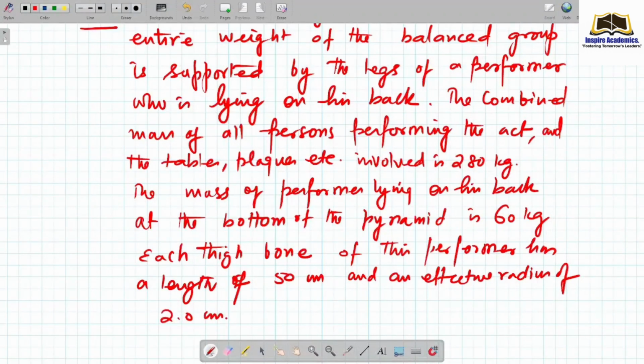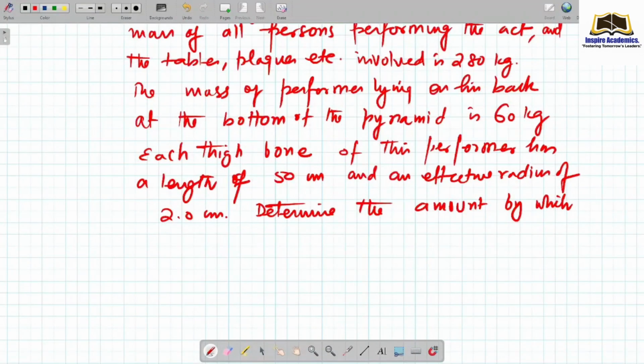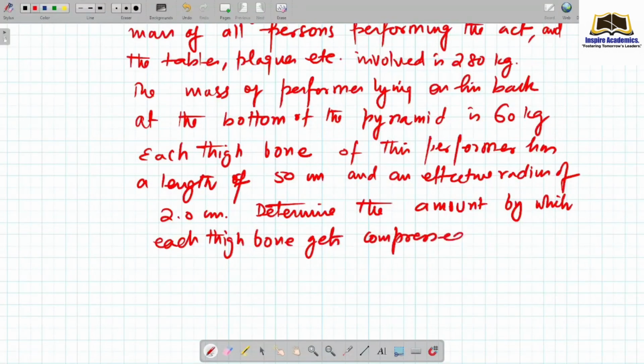Okay. Determine the amount by which each thigh bone gets compressed under the extra load.